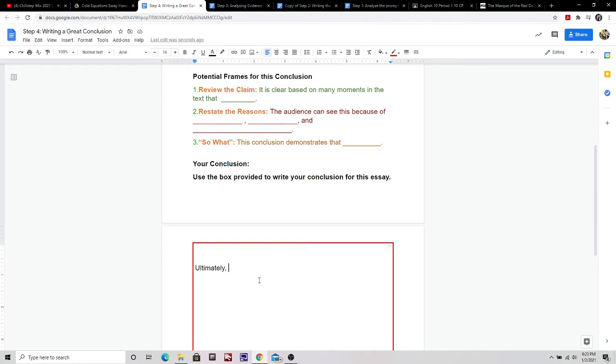And I'm going to re-say my thesis. Ultimately, death. Nope, not personified. Death. You guys know that if you put a capital letter, it actually means that it's that word personified. Like if I put love, it would be the personification of love. But anyways, ultimately death is something that everyone will face.